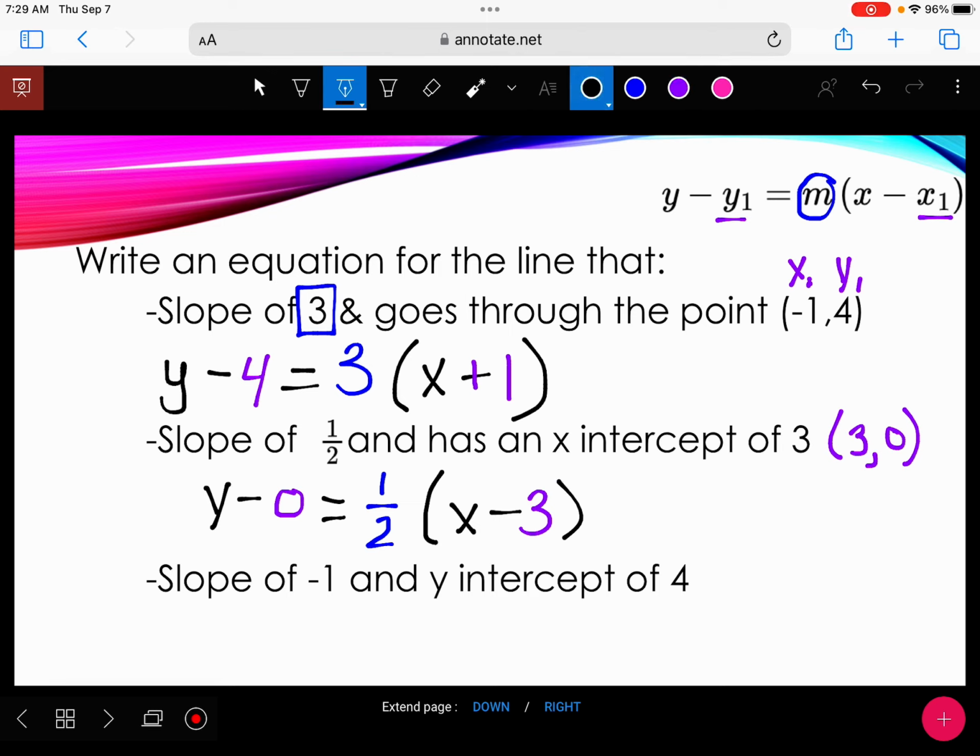And I'm okay with us leaving it just like that. You don't have to simplify it. If you look at this and go, wait, y minus 0, that's just y, you can absolutely do that. But I'm also okay with us leaving it unsimplified.